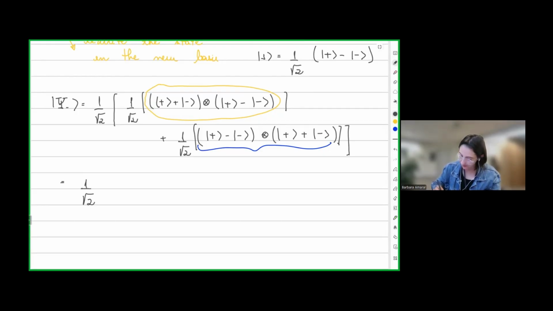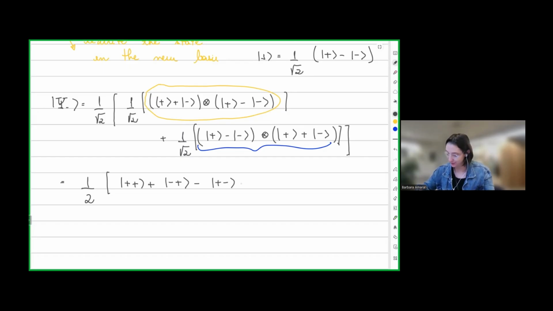So 1 over 2, is it correct? Okay, so now I'll expand everything. So I'll have plus plus, plus minus, minus plus, minus minus.